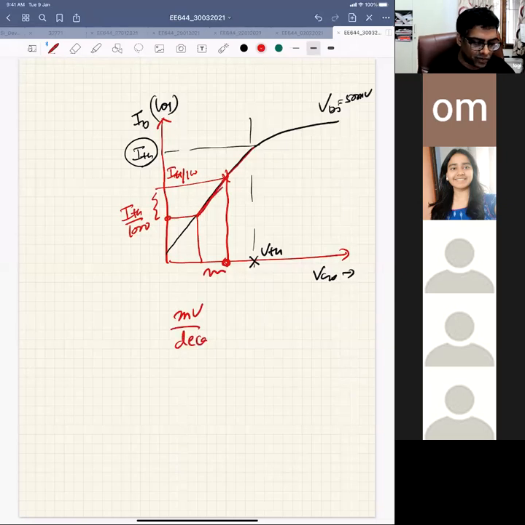This will be your subthreshold slope. This is how you measure it. But you have to take a point very deep in subthreshold, not very close to the threshold voltage point. You have to make sure that the points where you're measuring your subthreshold slope are 1 or 2 decades below your threshold voltage point, right?